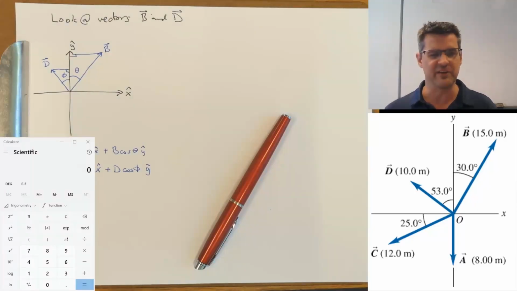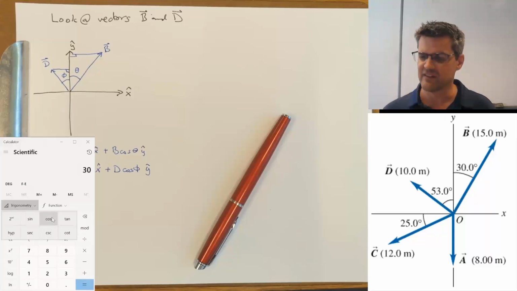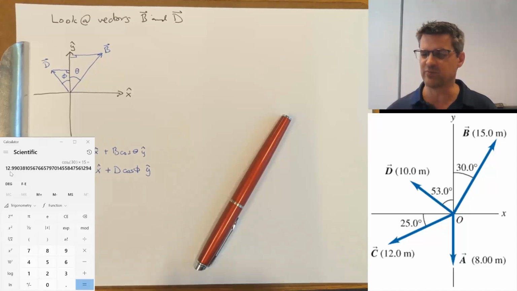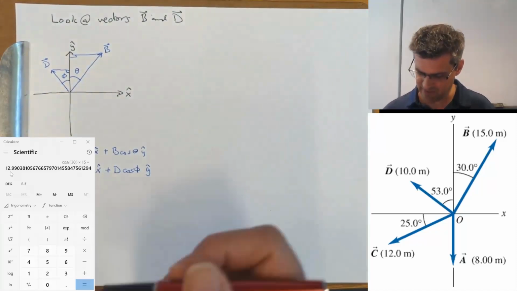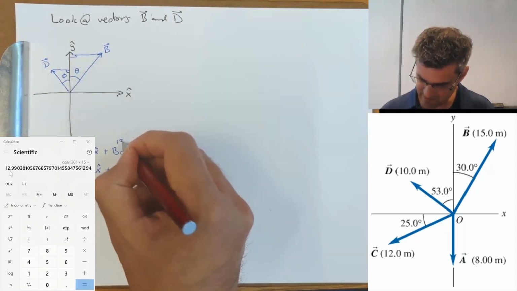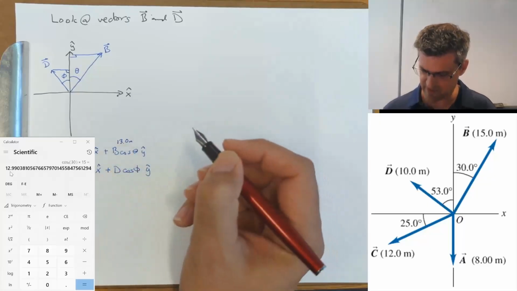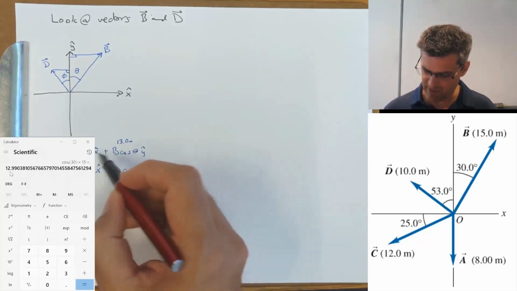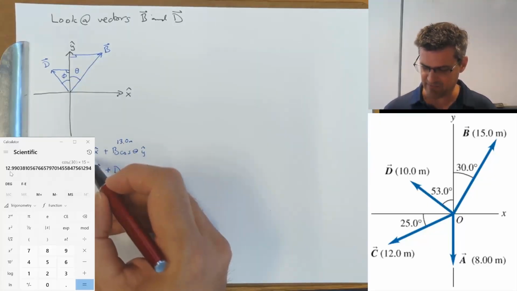Now we've also got B cosine theta. So theta is 30 degrees. Cosine of this times 15 is 12.99, so 13.0 meters. So it's going more up than it is going right. And that's what it looks like from the picture.